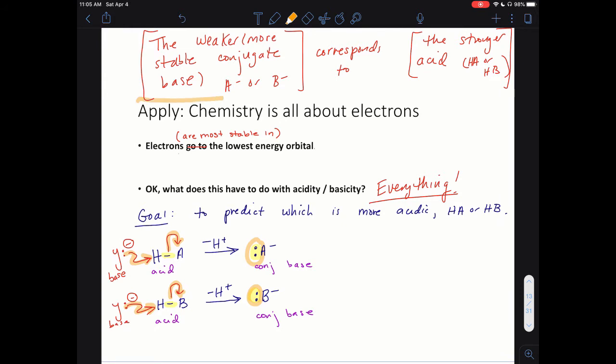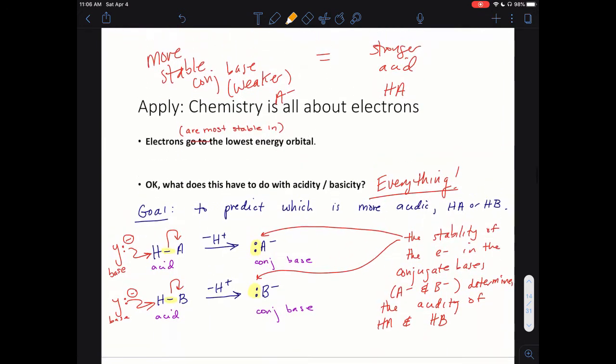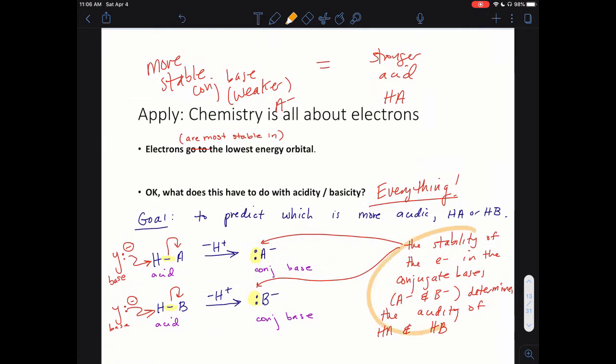We know that the weaker, the more stable conjugate base, whether that be A minus or B minus, corresponds to the stronger acid. So what that means practically for us is that the stability of the electrons in the conjugate bases determines the acidities of HA and HB. So if, for example, these electrons in A minus are more stable than in B minus, then HA will be a stronger acid.